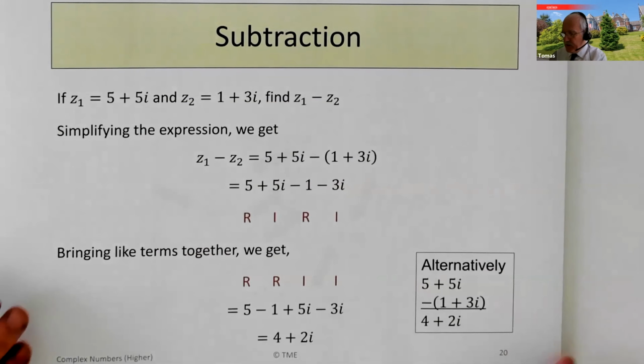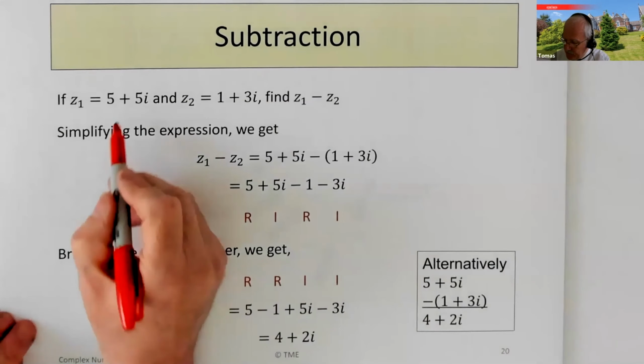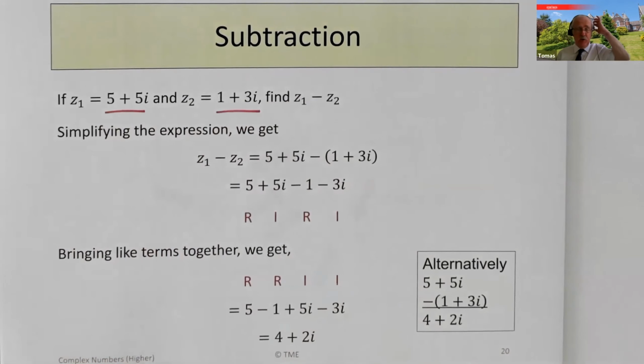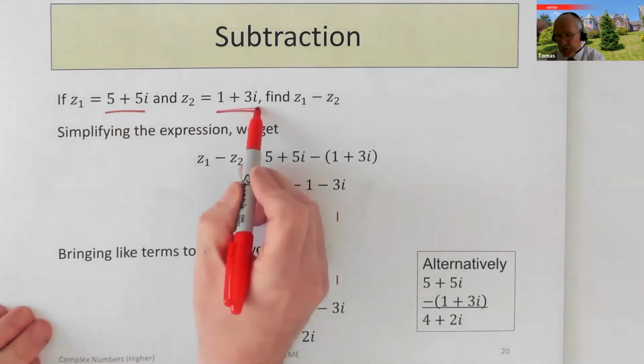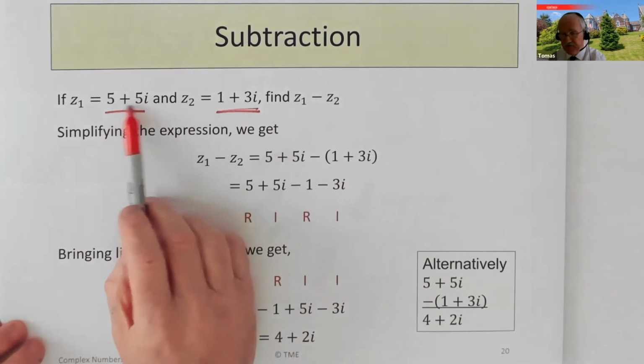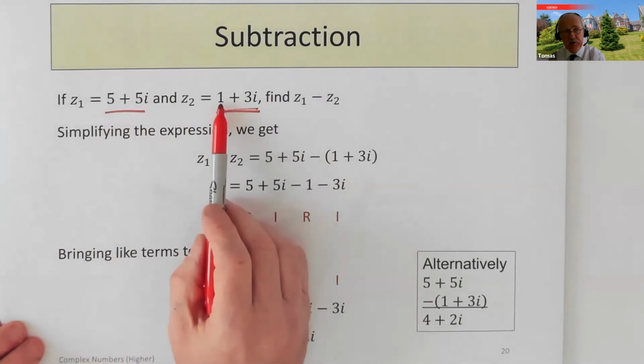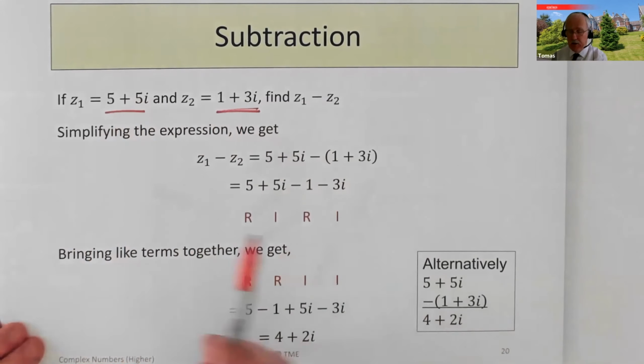The next step that we do, like in primary school, was subtraction. And here we're going to subtract one thing from another. So we've got 5 plus 5i and 1 plus 3i. Again, this could be 5 apples and 5 oranges, and somebody wants to borrow or take 1 apple and 3 oranges. And you just take them one from each other.